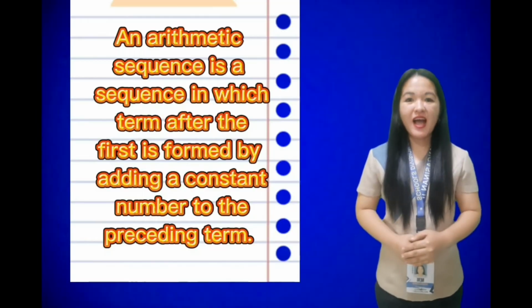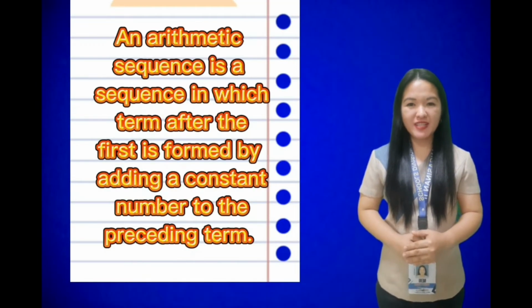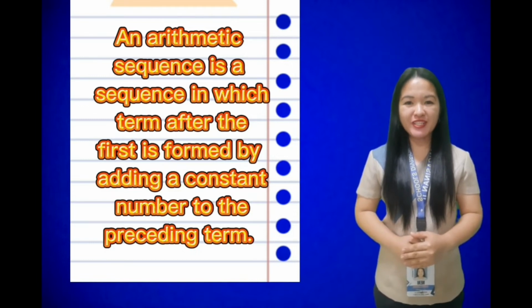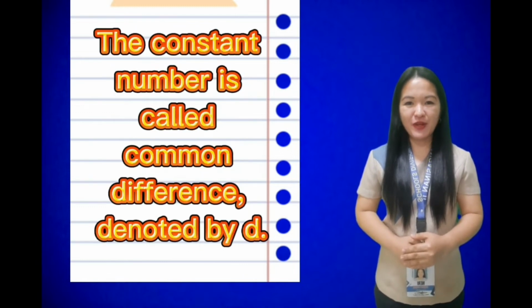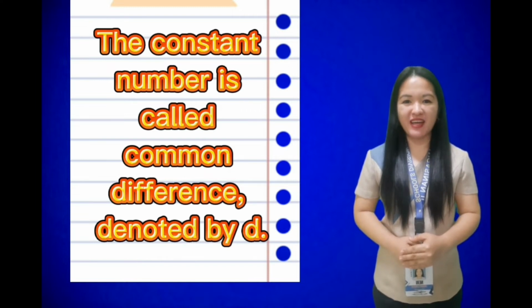So what is an arithmetic sequence? An arithmetic sequence is a sequence in which each term after the first is formed by adding a constant number to the preceding term. And that constant number is called the common difference, denoted by d.